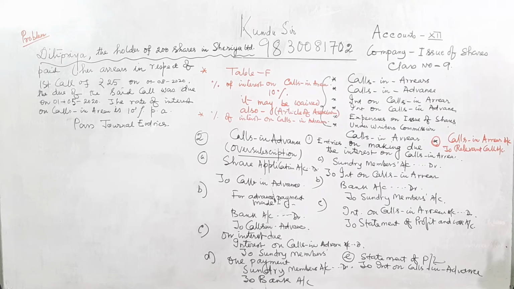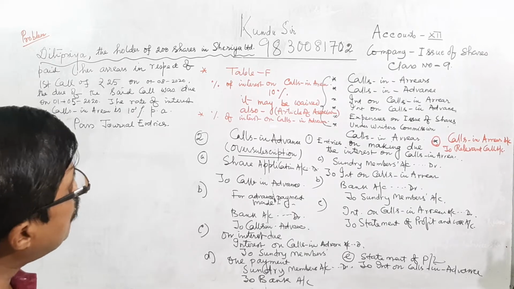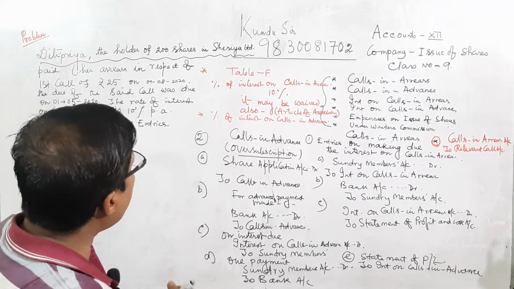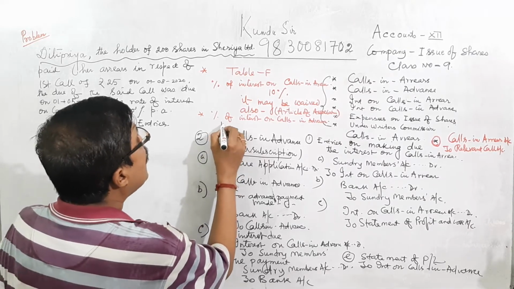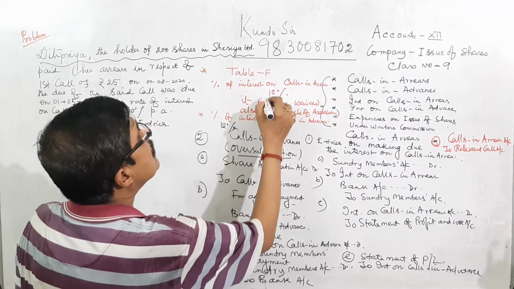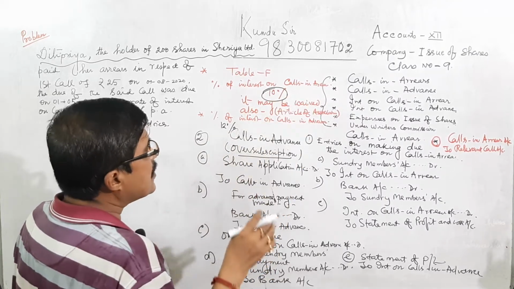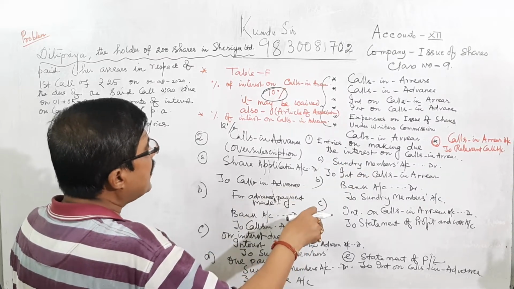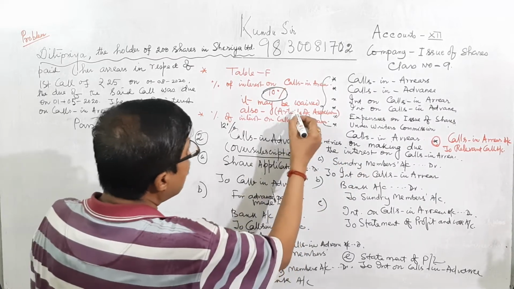It is also mentioned here that the rate of interest for calls in advance should be 12%. Most probably it is not mentioned here. Rate of interest equal to 12%. That means maximum interest is to be charged on calls in arrear at 10%, and it may be waived also.